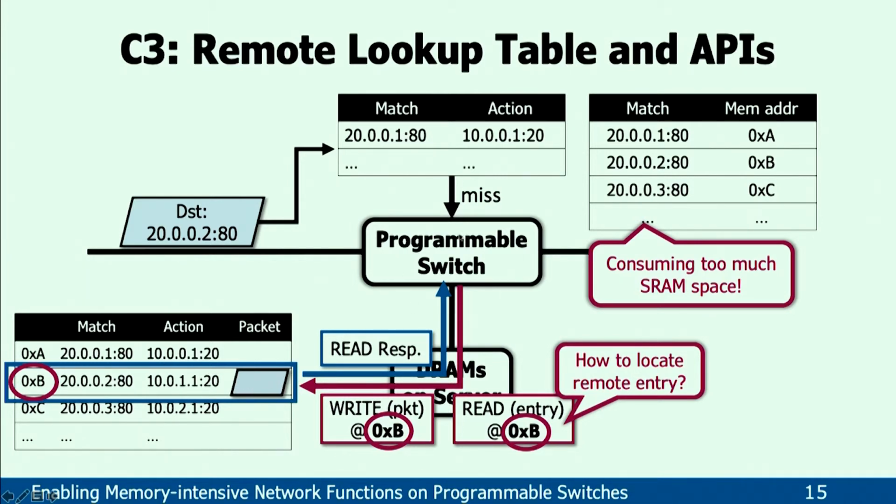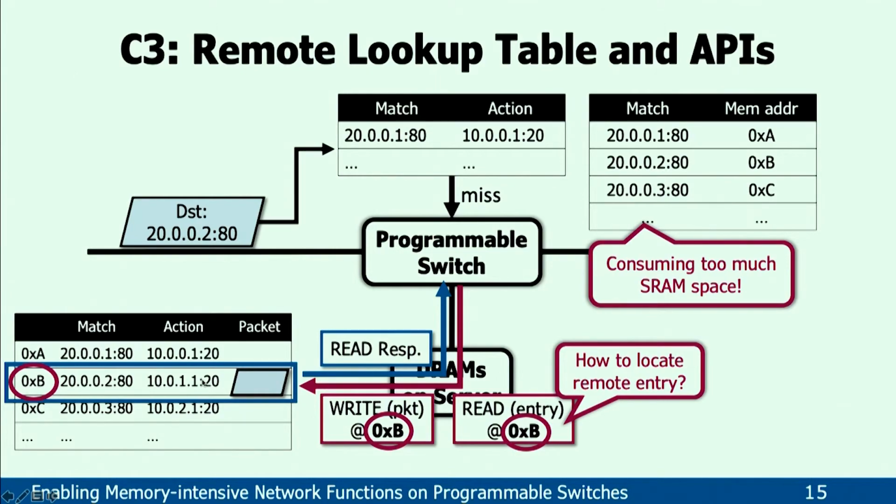Then when the data plane receives this read response packet, it can parse the original packet and the remote memory entry. So for instance, it will modify the destination IP address with this action field entry.